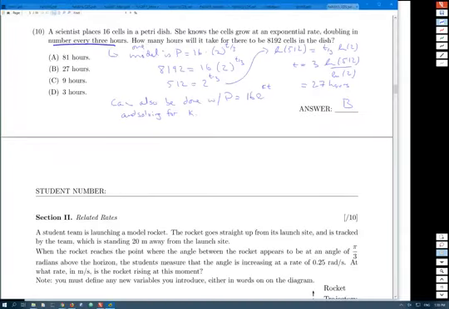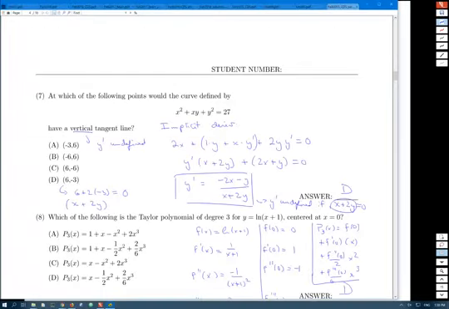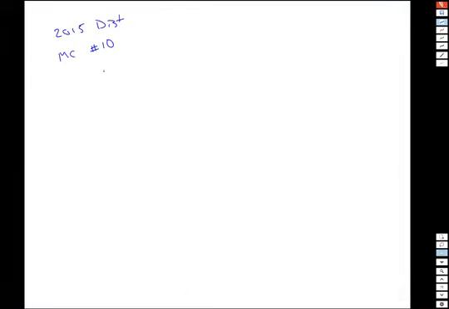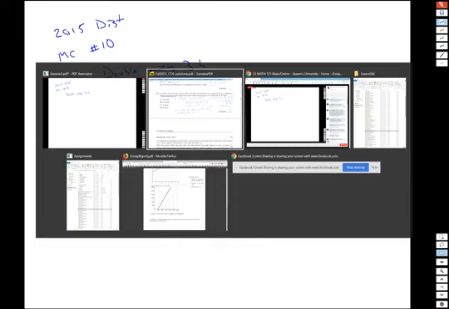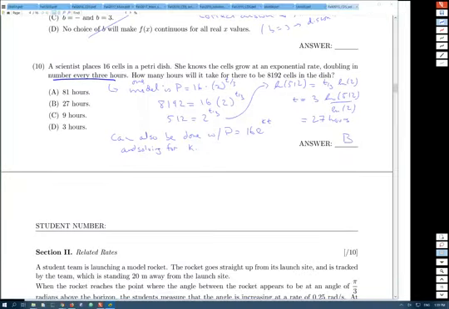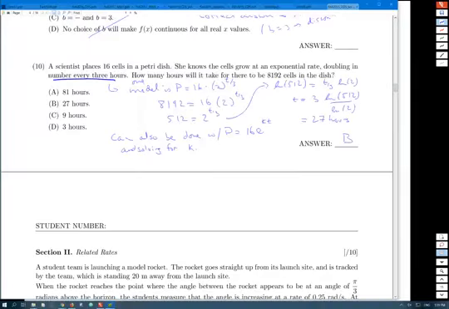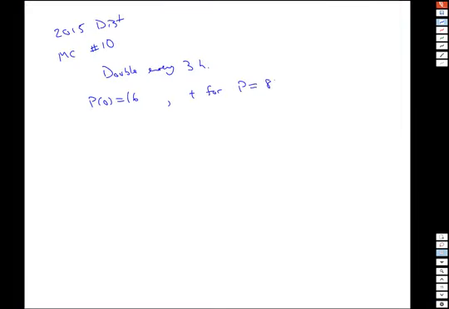We're told that we double every 3 hours, and start at 16. So the population at 0 is 16, and we want t for the population equal to 8192. That is what the question is asking for.